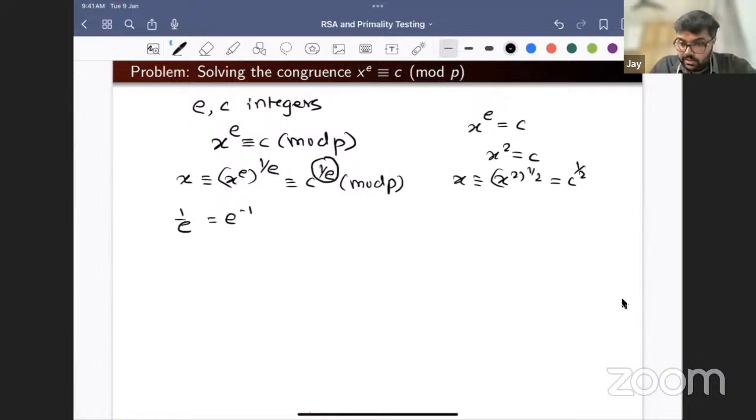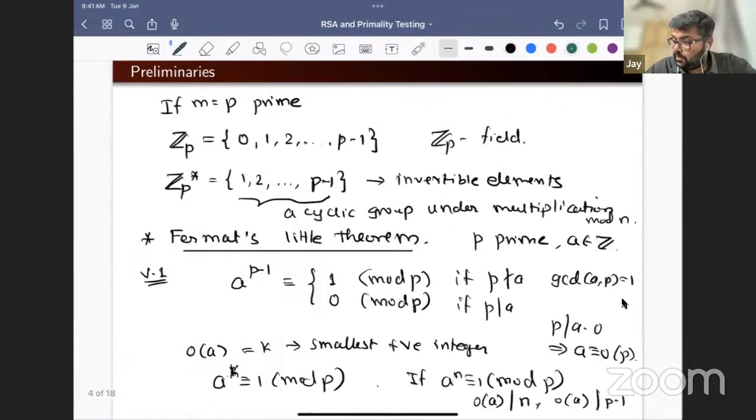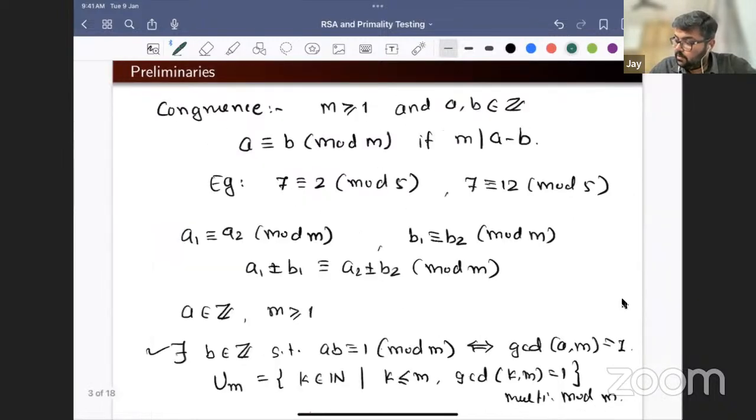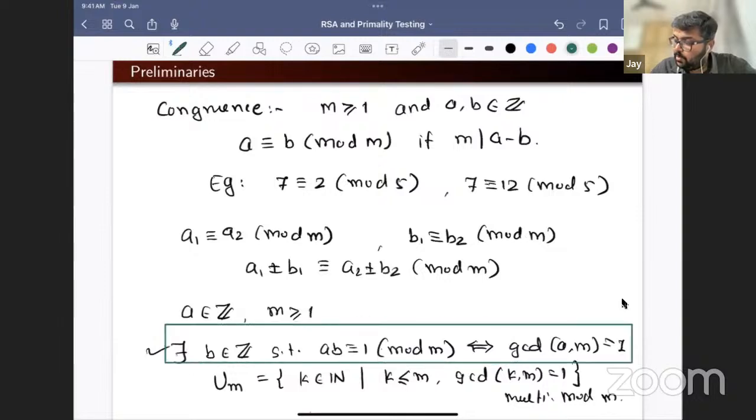And when does the inverse exist? This we have just seen. Inverse exists if they are relatively prime. So the inverse modulo what? A has an inverse modulo m, that is, there exists b such that ab is congruent to 1 mod m, if and only if GCD of a and m is 1.